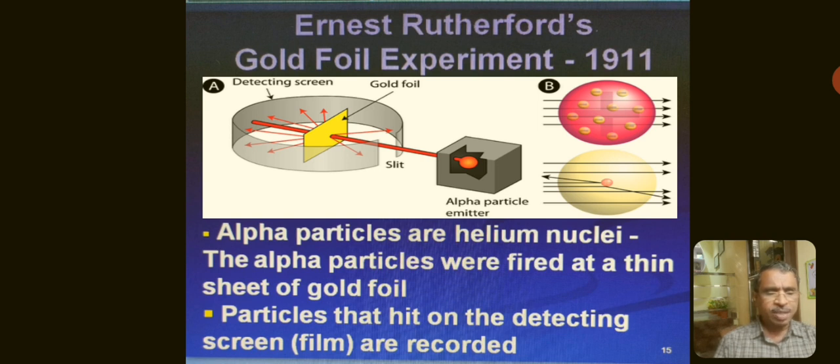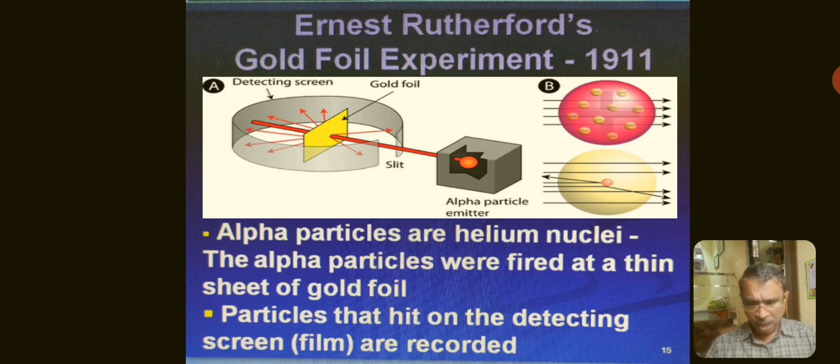After passing through a slit, these particles in the form of rays were made to strike against a very thin foil, of the order of 4 × 10^-5 centimeter thick, of a heavy metal like gold. These particles got scattered and were then made to fall on a circular screen coated with zinc sulfide. They produced flashes of light on the screen.